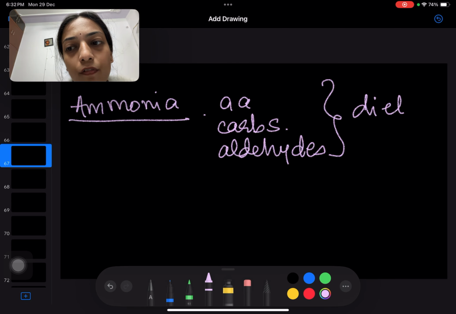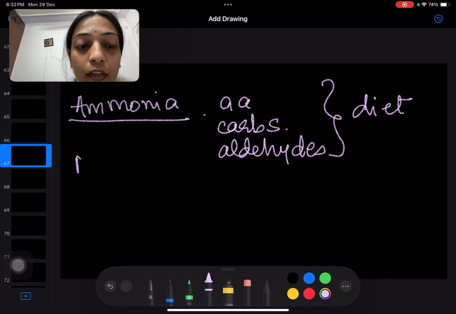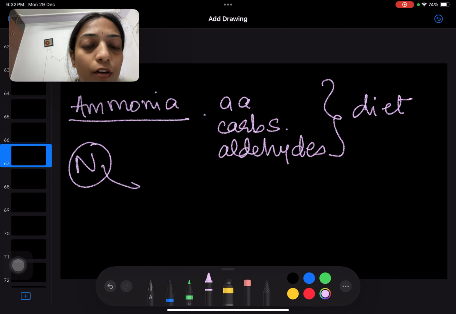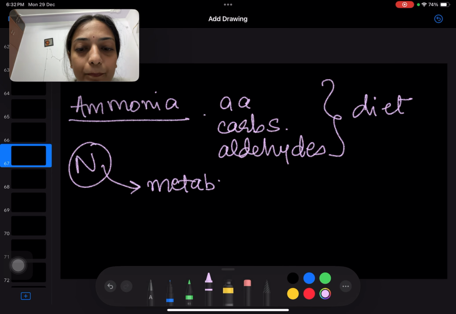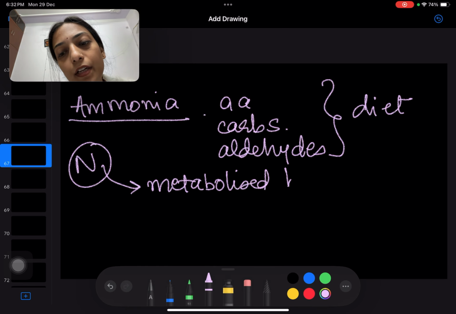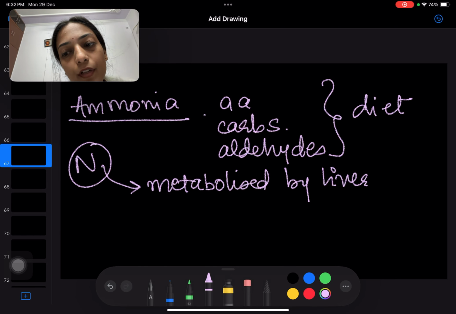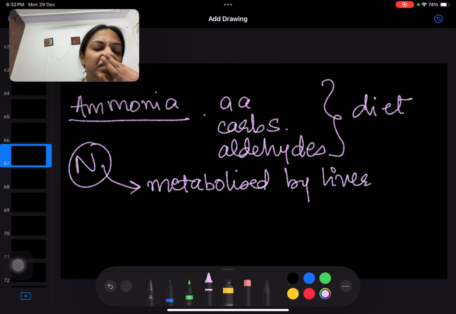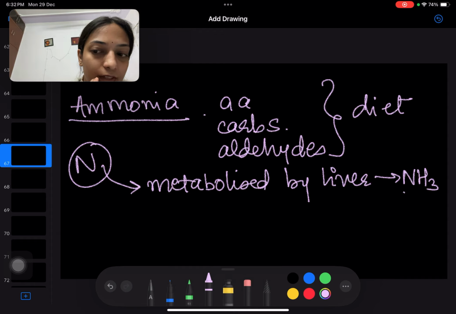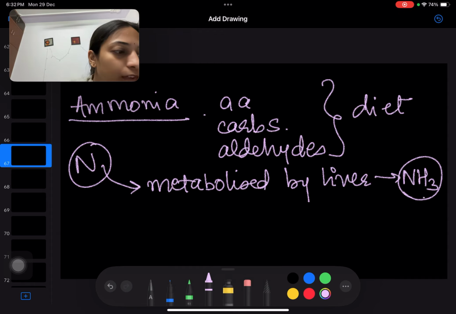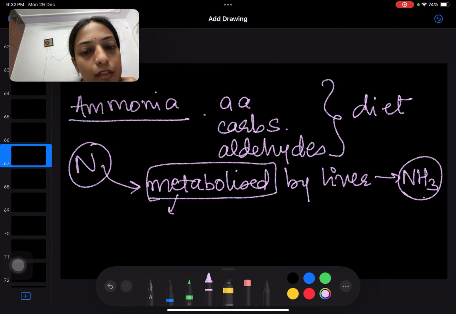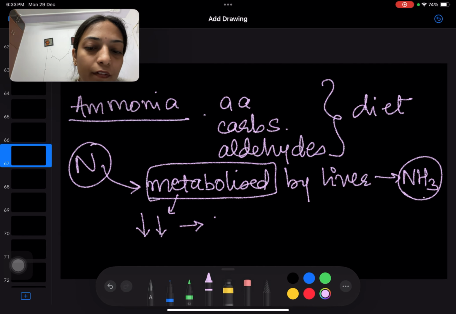So from diet, whatever we are taking, if it contains nitrogen, these nitrogen containing compounds will be metabolized by the liver, right? And after that, it forms ammonia, NH3. It is converted to ammonia, right? Now, if hepatic metabolism is reduced, what is going to happen? Ammonia levels will increase.